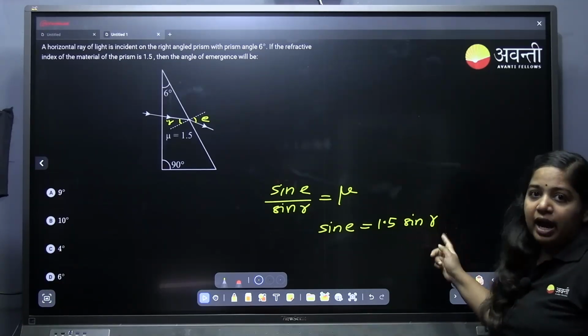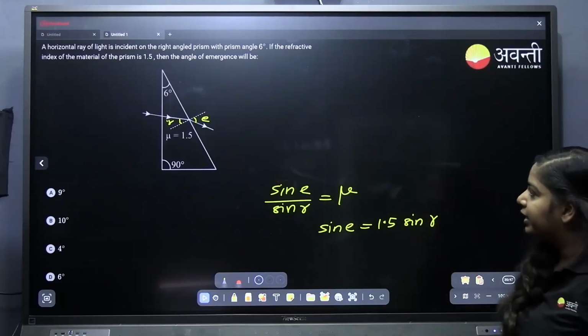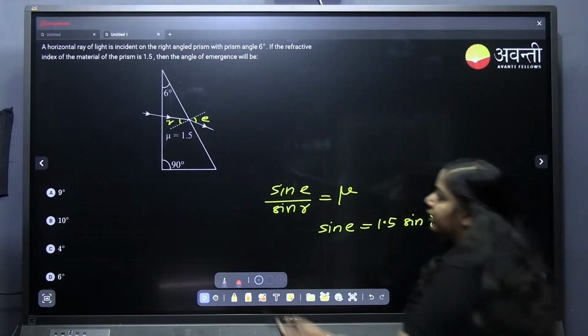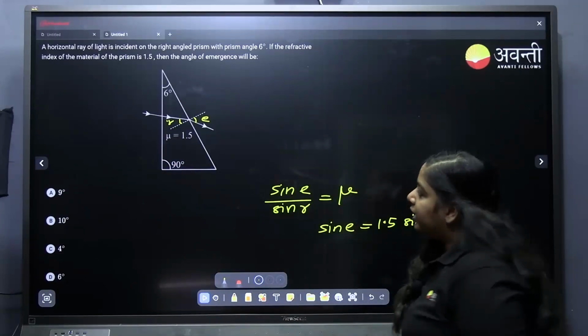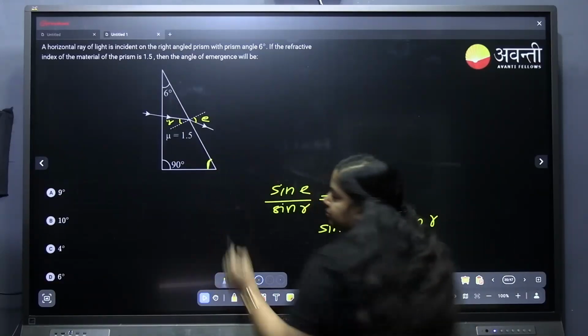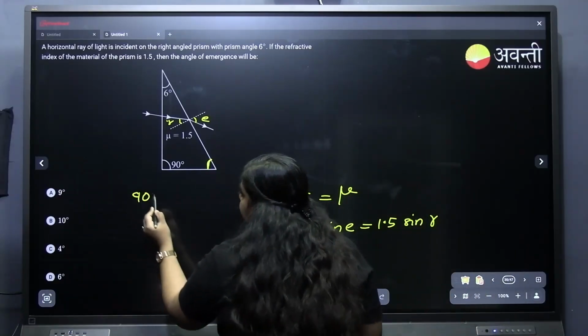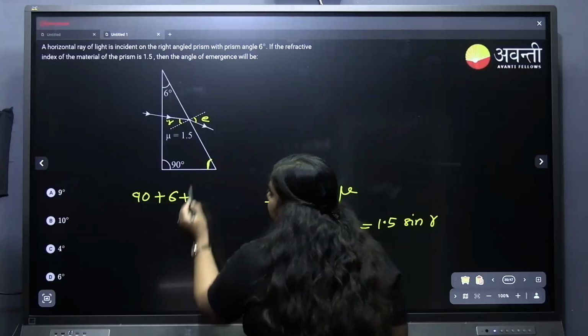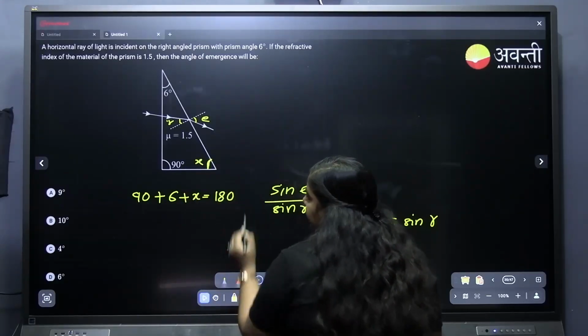Okay, and R plus the other value should be 6 degree, right? And if you see here, if this is 6 degree, what this angle will be? Total should be 90 plus 6 plus, let's say this is x.